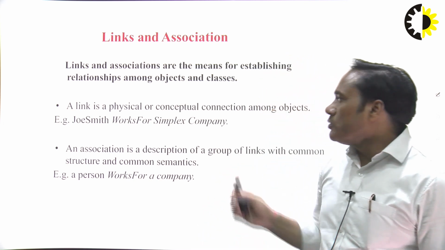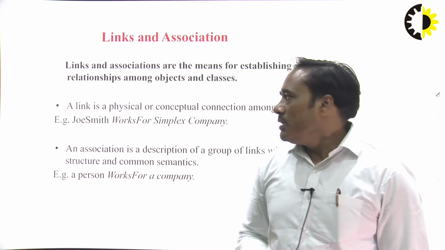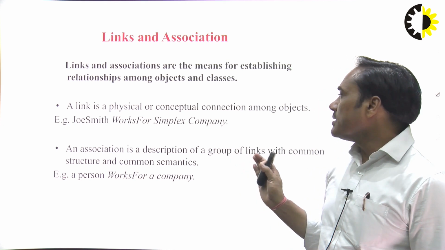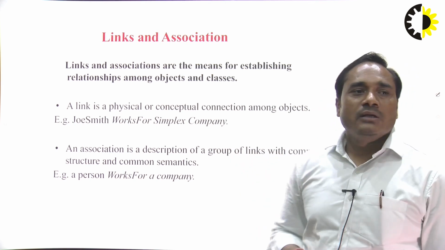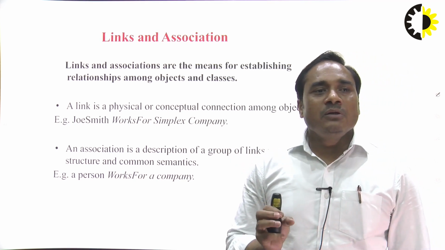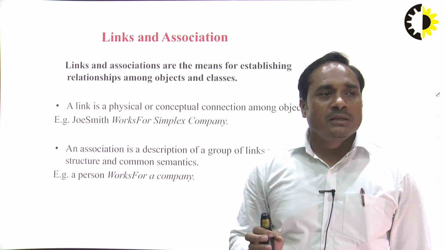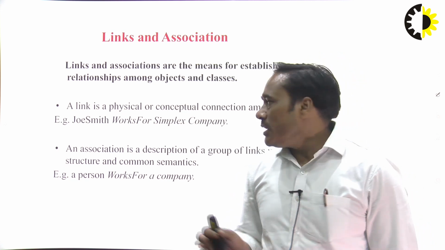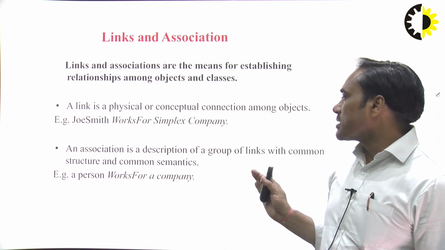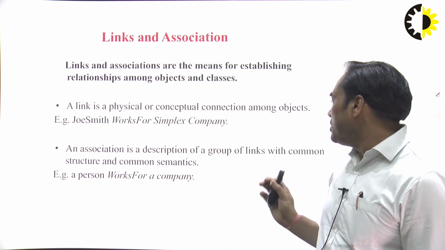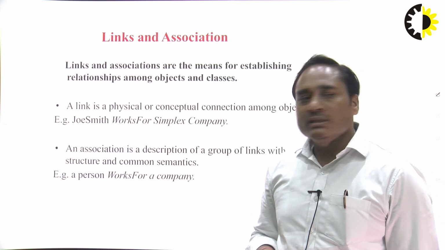If I discuss an example, a link is a physical or conceptual connection among objects. So a link is a connection between two or more objects. And what about the association? An association is a description of a group of links with common structure and common semantics.